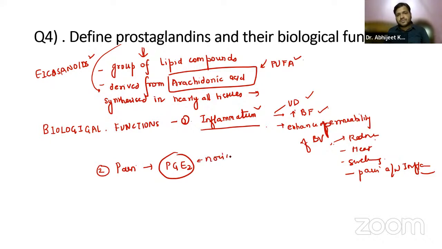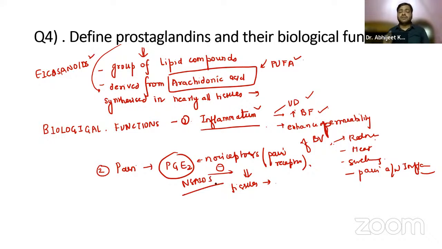These are the pain receptors present in the tissues, leading to increased pain perception. So they play a very significant role in the mechanism of one class of drugs, the non-steroidal anti-inflammatory drugs, which inhibit their action.